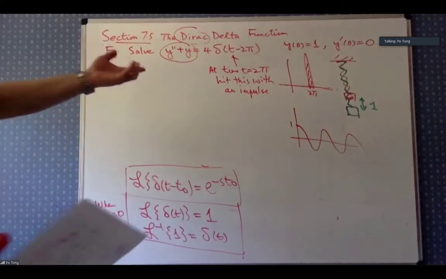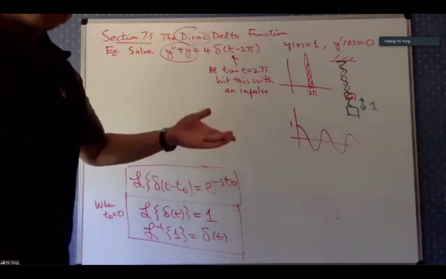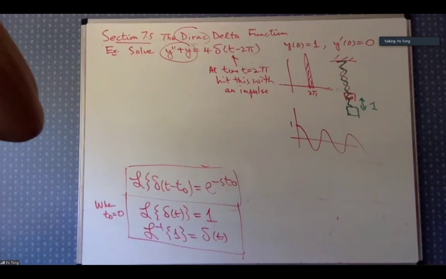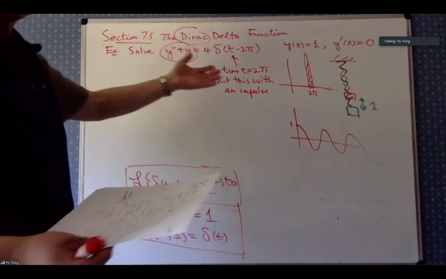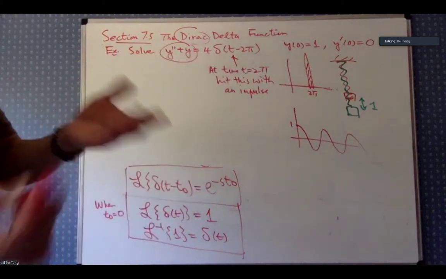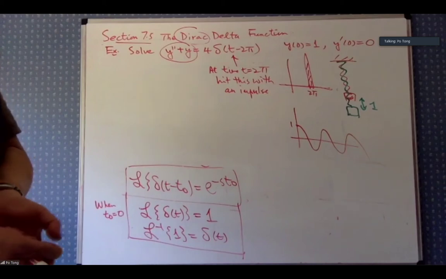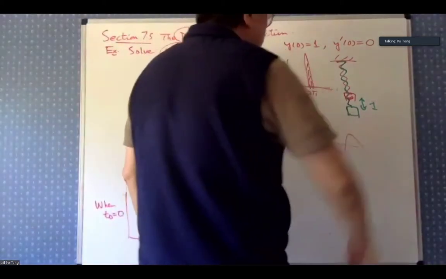So we're going to solve this, and then look at the graph of the solution. You guys understand the setting? It's a mass spring system with no damping. That's why with no damping, it's going to be simple harmonic motion.